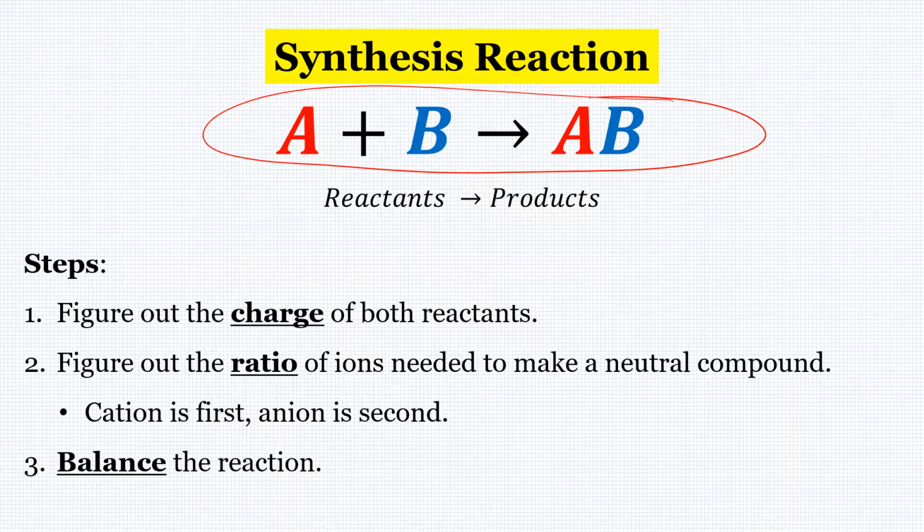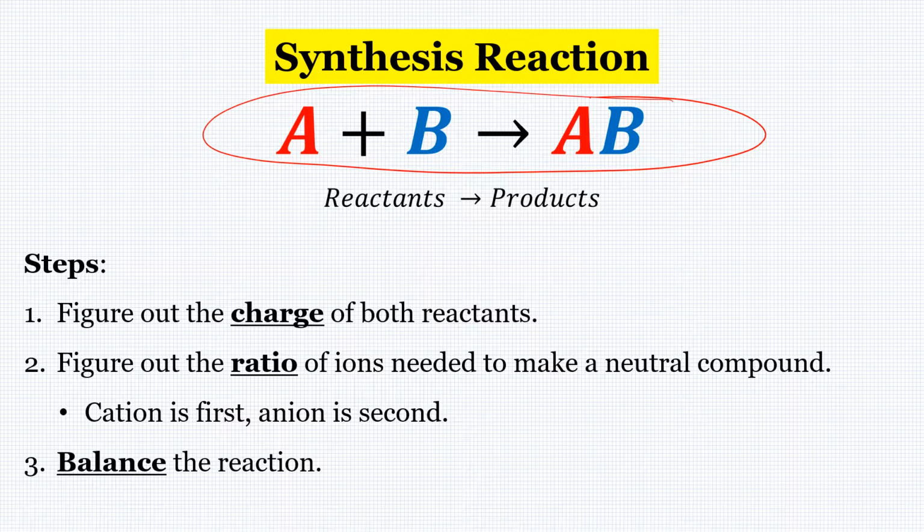When we go to do a synthesis reaction, we first figure out the charge of both reactants. So is it positive, negative? Is it positive 2, negative 3? We need to make sure we have the charges of both reactants. Step 2 is to figure out the ratio of ions needed to make a neutral compound.